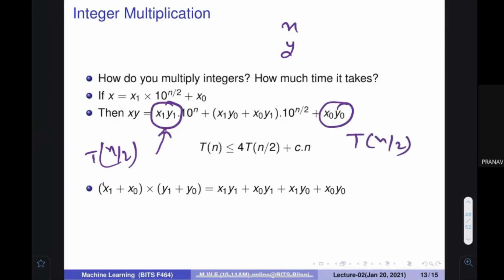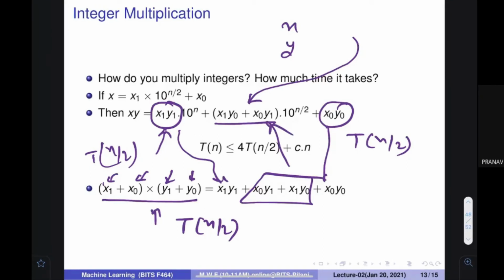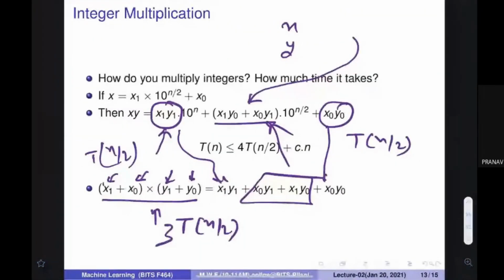Instead of directly finding the middle term, you find this particular term, because x1, x0, y1 and y0 are known to you, in order of T n by 2. And you can subtract these two numbers from this summation to obtain this particular number and put it here. How many multiplications are there? Three. So it is going to be only 3 multiplications of size n by 2.